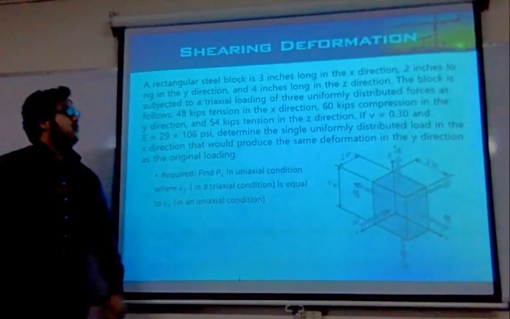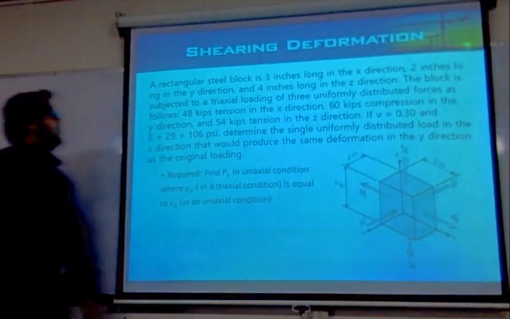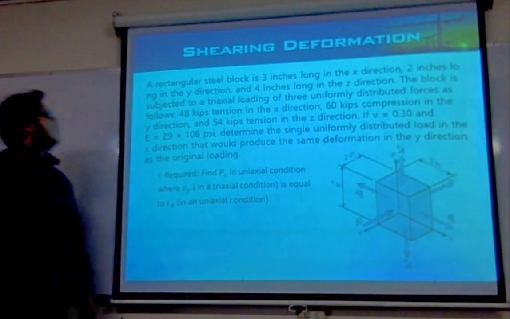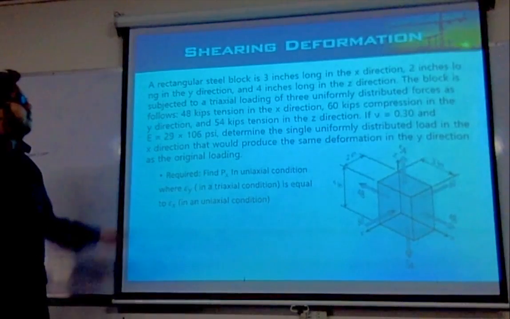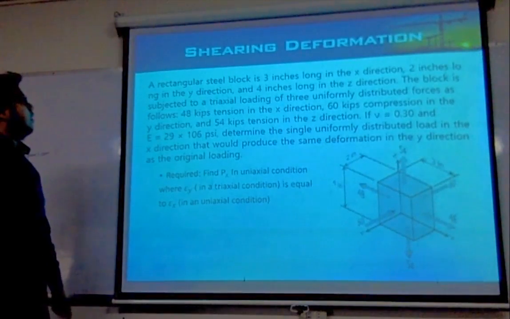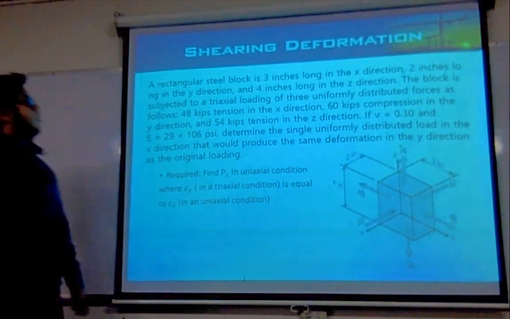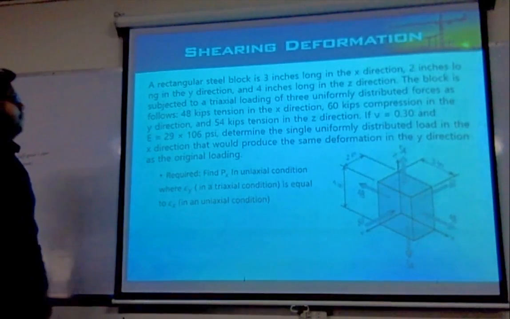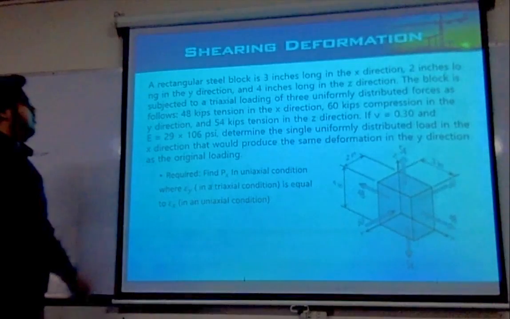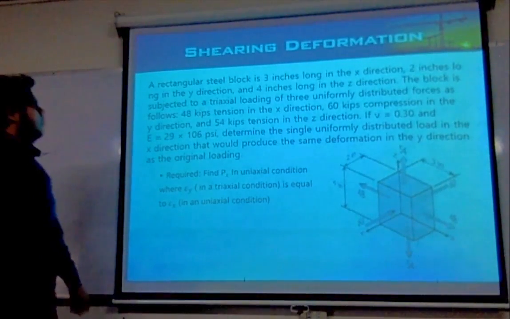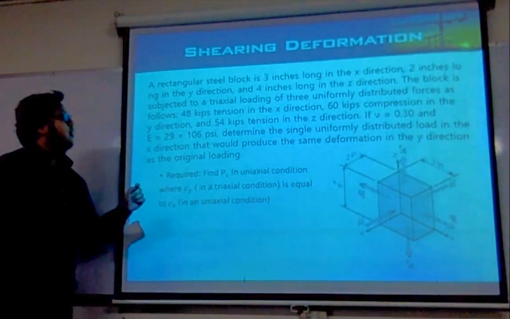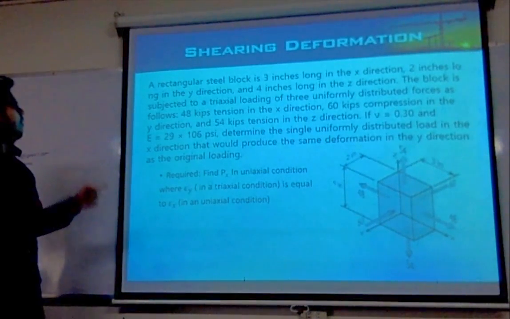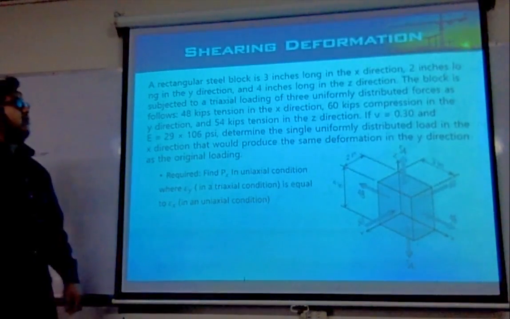Okay, next, we can proceed to the question. A rectangular steel block is 3 inches long in the x direction, 2 inches long in the y direction, and 4 inches long in the z direction. The block is subjected to a triaxial loading of 3 uniformly distributed forces as follows: 48 kips tension in the x direction, 60 kips compression in the y direction, and 54 kips tension in the z direction.